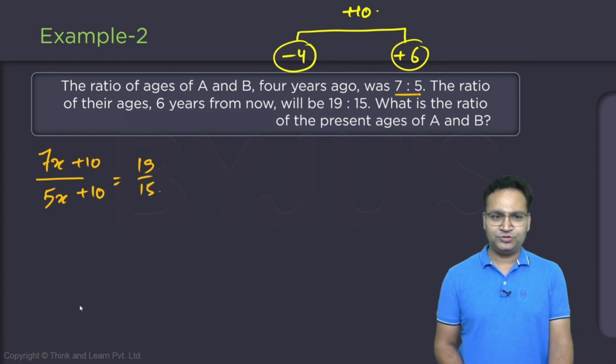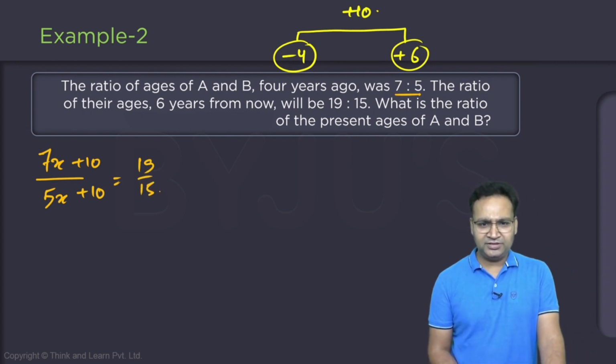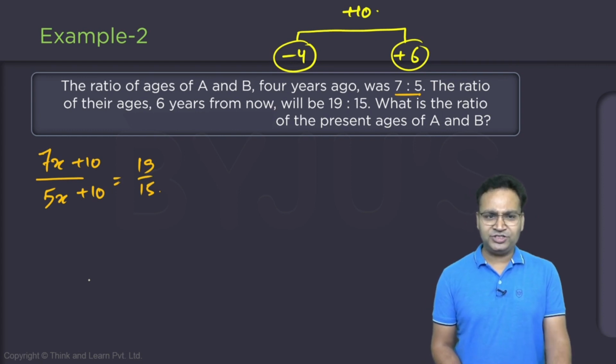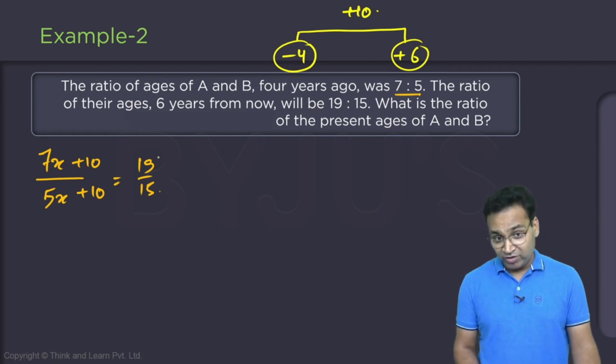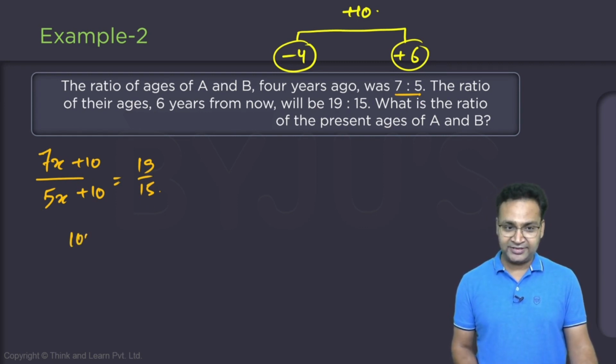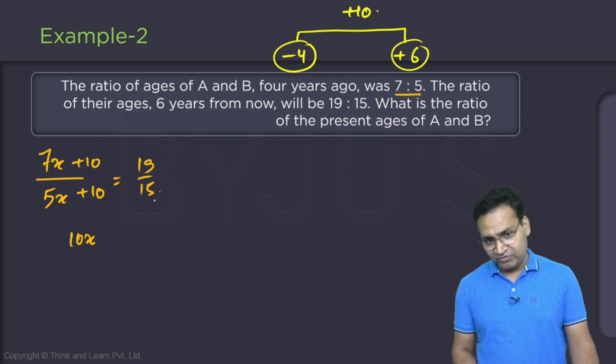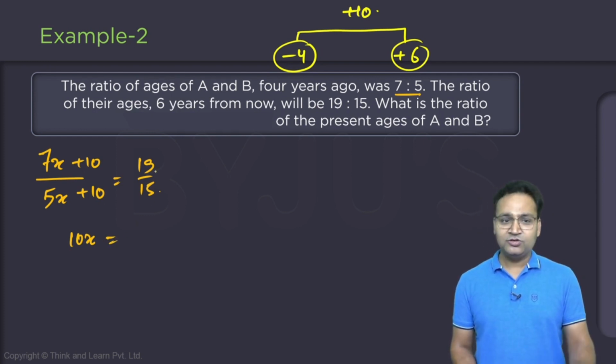That is one approach. But in this question, the calculation is a little complex. 15 sevens are 105, 19 fives are 95, so 105 minus 95, that is 10x. 19 tens are 190, 15 tens are 150. So 190 minus 150 is 40. x is equal to 4.